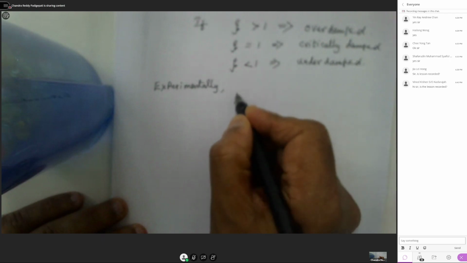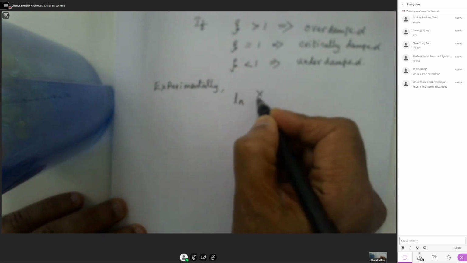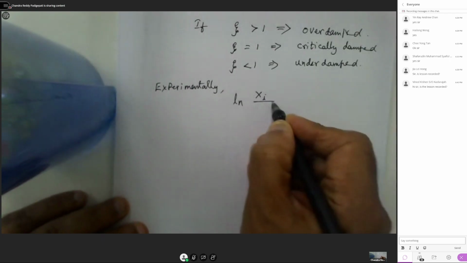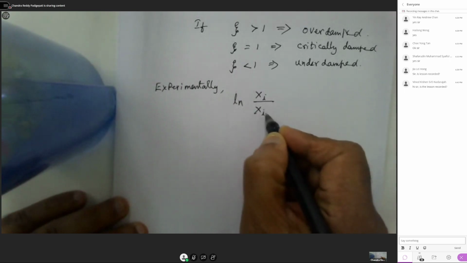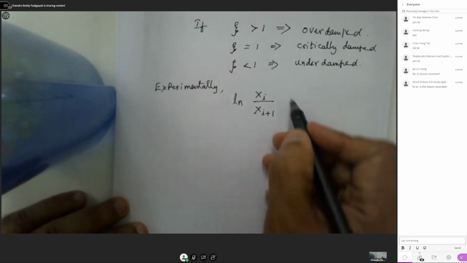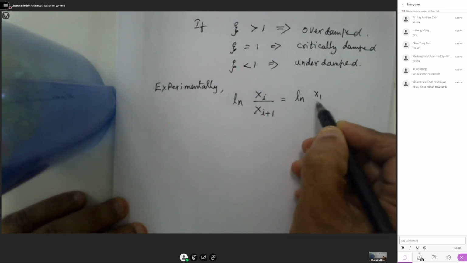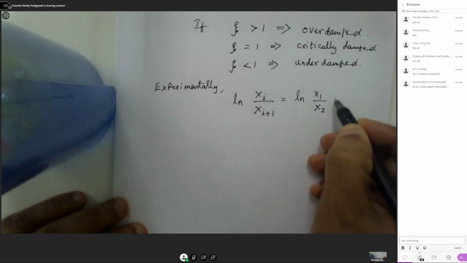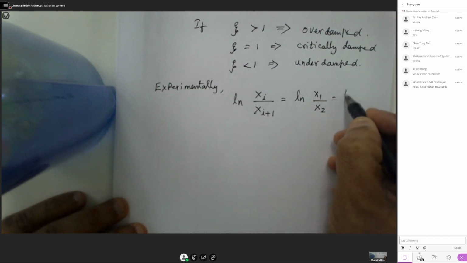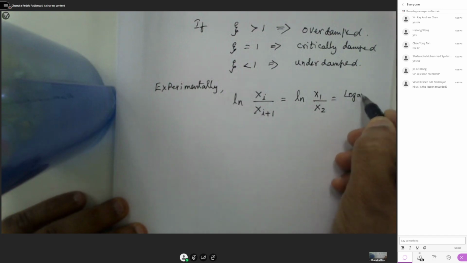So we can say that ln xi over xi plus 1. Simply, we can write it as ln x1 over x2. So we call this the logarithmic decrement.